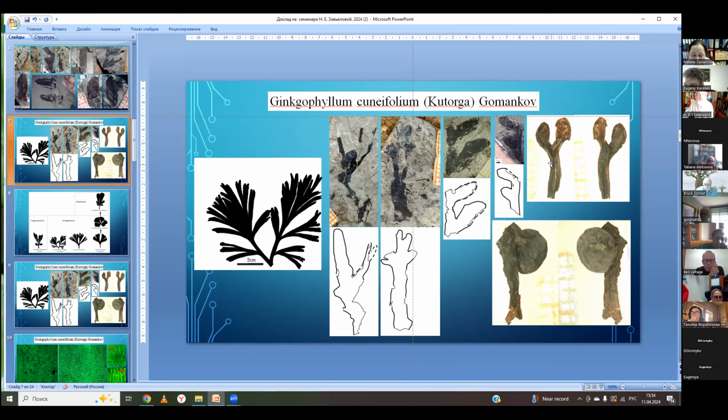So I suppose that it was a very similar segment of leaf which was compressed in another plane. Of course, I agree that this is a very strange remain.